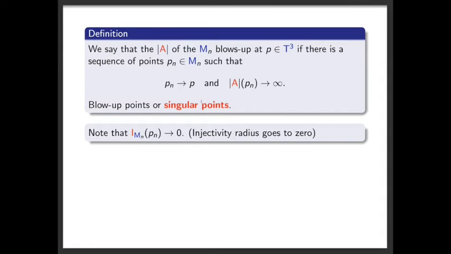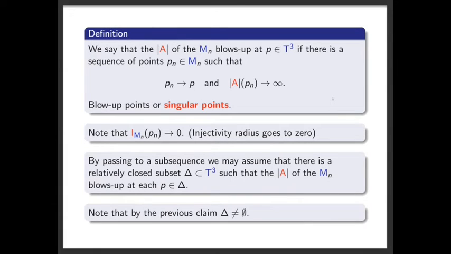We call singular points those where the norm of the second fundamental form blows up. And the previous result gives us that if you have a point where the second fundamental form blows up, then the injectivity radius has to go to 0, by the previously mentioned estimates for the norm of the second fundamental form.